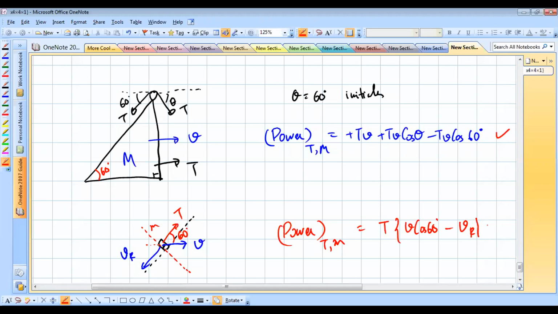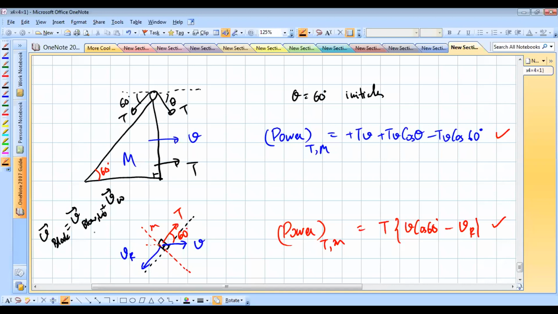So are these two expressions clear to both of you? Instantaneous power delivered by tension on the wedge and instantaneous power delivered by tension on the smaller block. Is this clear? Because remember, the concept here is that the velocity of the smaller block with respect to ground is equal to the velocity of the block with respect to the wedge plus velocity of the wedge.